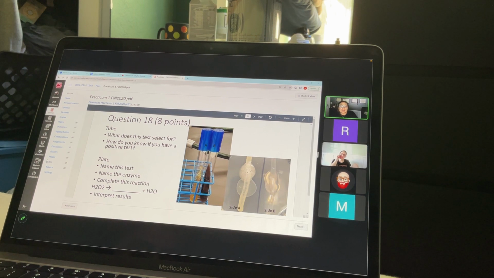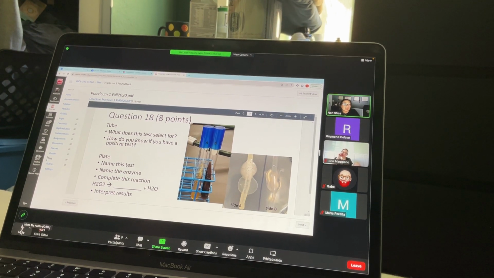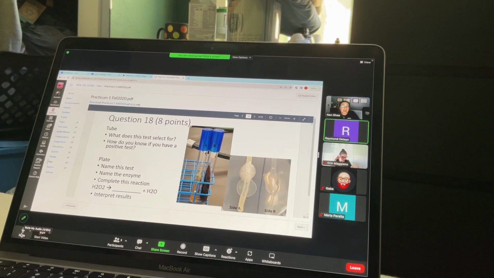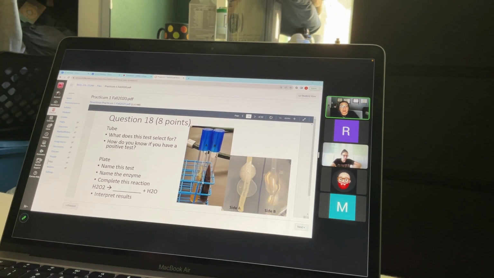I don't think there's an enzyme there. You can double check me. Let me check, because I don't recall having an enzyme name. So that means this is not an enzymatic reaction. What this test is looking for is to see if the bacteria are able to tolerate bile. And I think typically gram-negative bacteria tolerate bile.